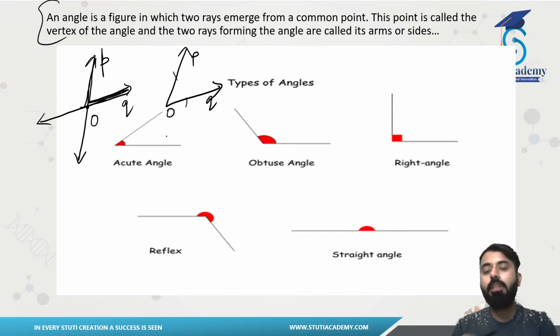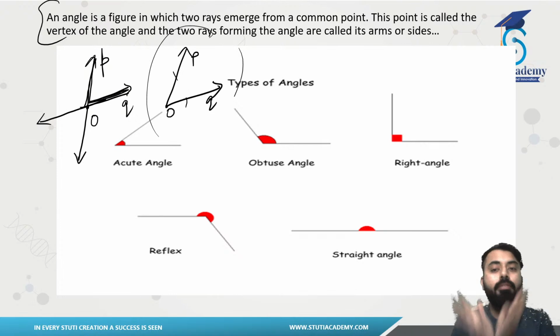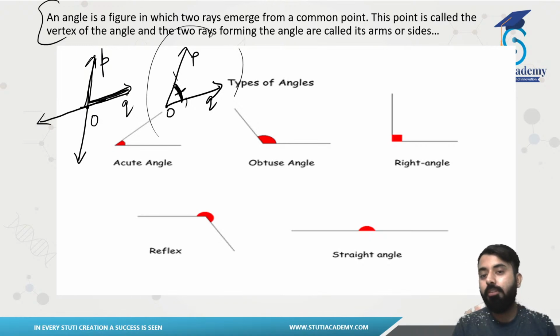If two or more rays share one common vertex, or if two rays emerge from one common vertex, then the distance between those two rays, this arc right here, will be an angle. So this is an angle.